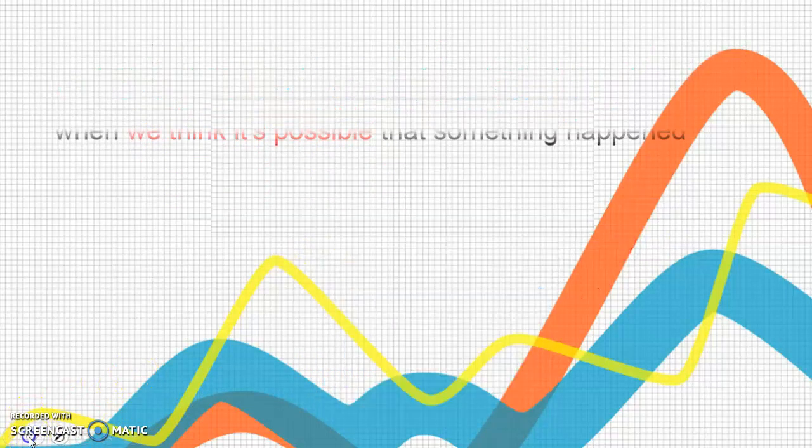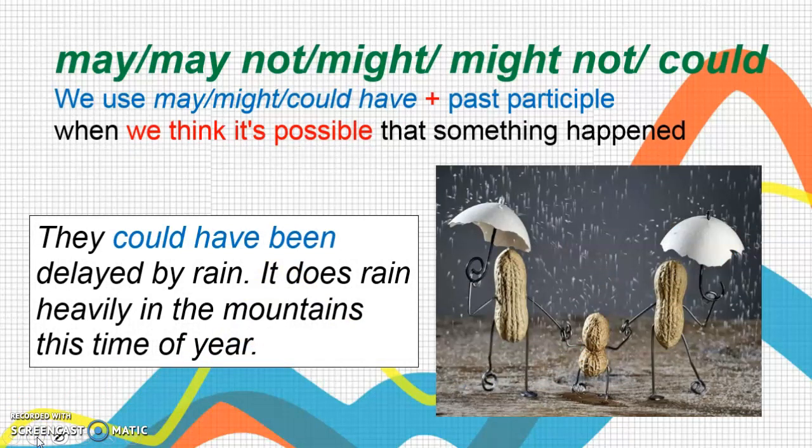Another example using the same structure is: they could have been delayed by rain. It does rain heavily in the mountains this time of year. Here we know that it rains a lot this time of year, but maybe rain is the cause of their delay.